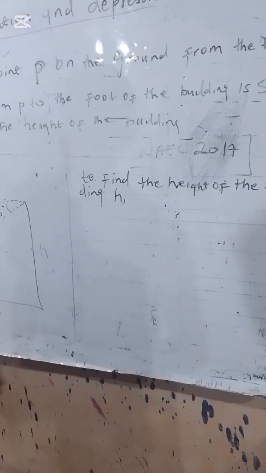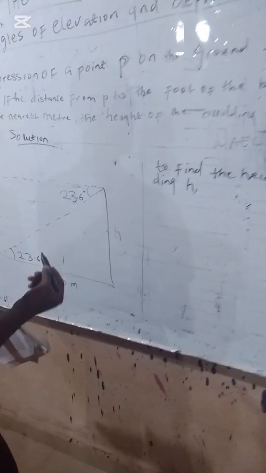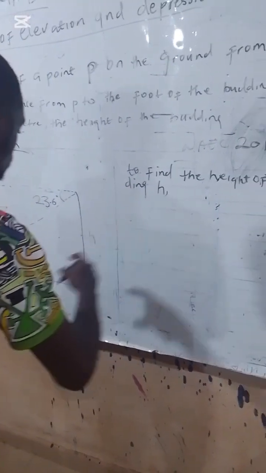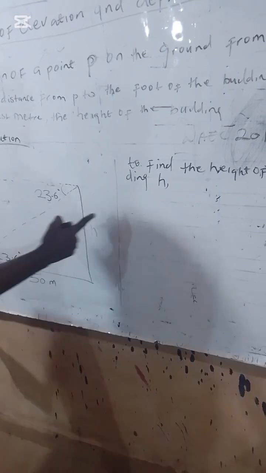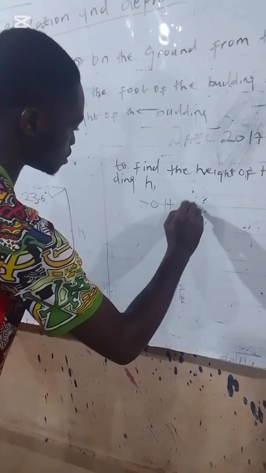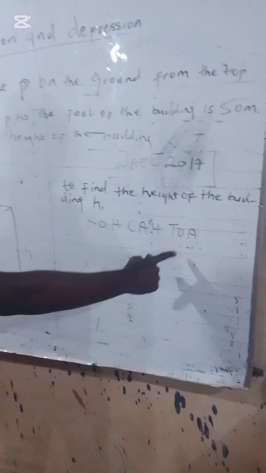We are going to make use of trigonometry. You understand? These are the opposite and this is the adjacent. So using SOHCAHTOA, we are going to make use of opposite and adjacent.